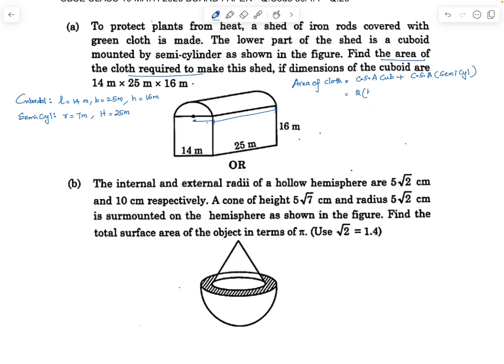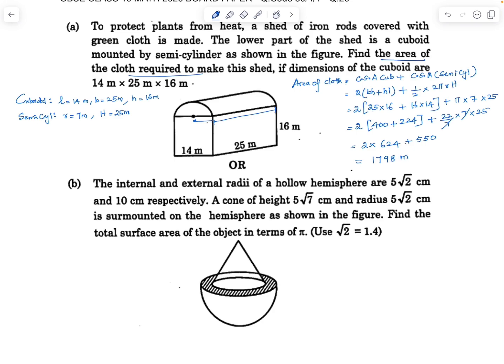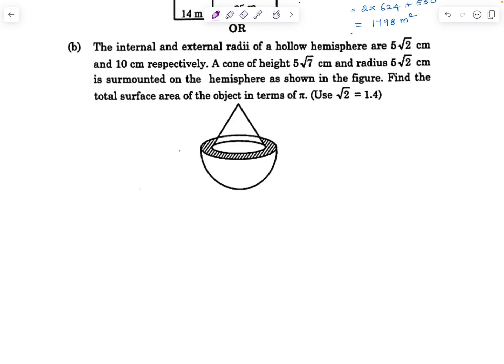CSA of cuboidal part is 2 times BH plus HL, plus CSA of the semi-cylindrical part is 1 by 2 into 2 pi RH, which is 2 times B is 25 and H is 16 plus 16 times 14 plus pi into R is 7 times 25, which gives us 2 times 624 plus 550, that is 1798 meters square.